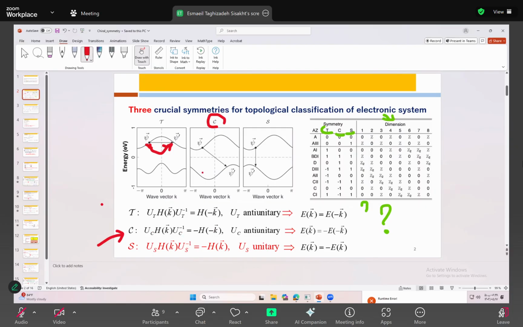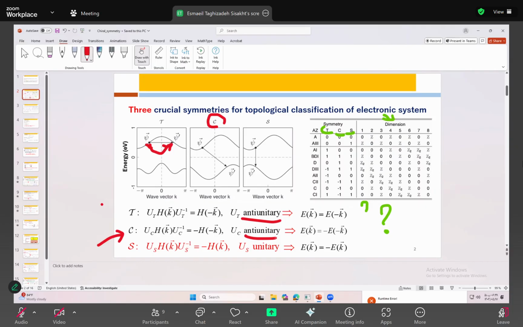The particle hole symmetry and the transversal symmetry are both comprised of anti-unitary operators.